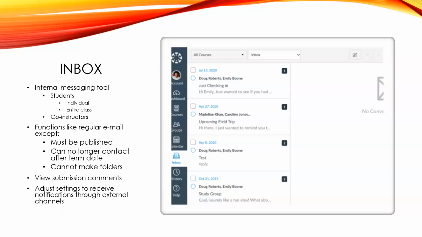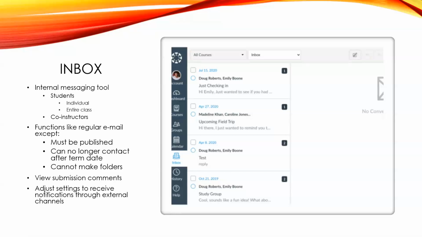The next mode of communication, and one of the most popular as far as when people think about communication, is the inbox. The inbox is different from your CCC email. It is an internal messaging tool within Canvas where you can message students individually or as an entire class, and you can message co-instructors if there are any in your course.